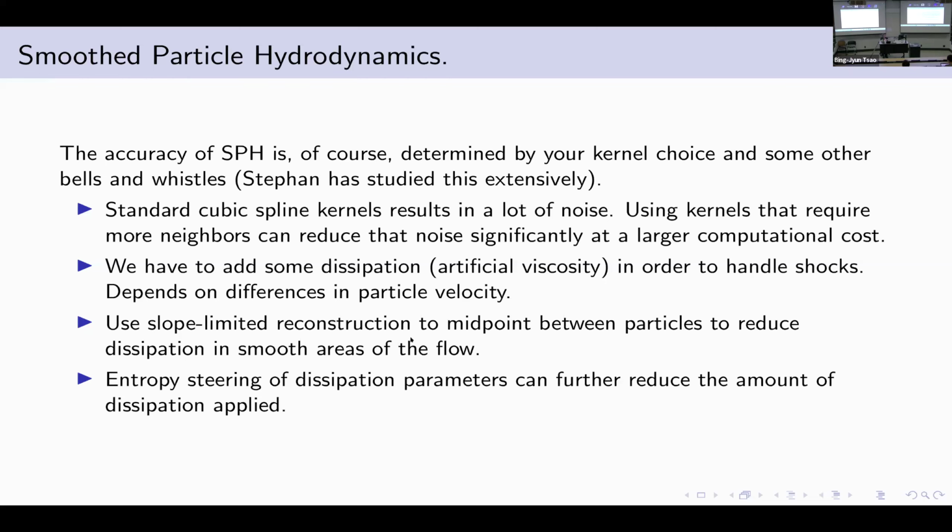But you can also use slope limited reconstruction to the midpoint between particles to reduce the dissipation where you have smooth flow. In addition, you can also use entropy measures to steer dissipation, which can further reduce the amount of dissipation applied.